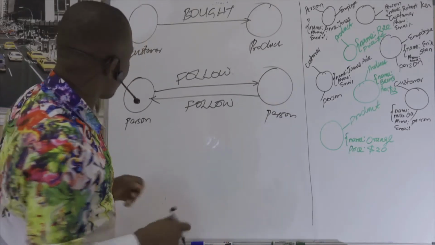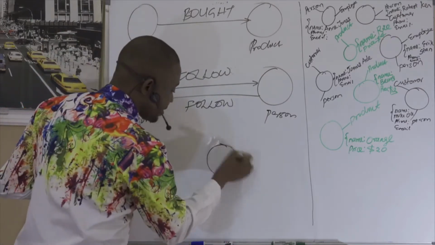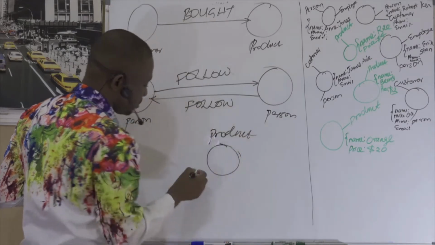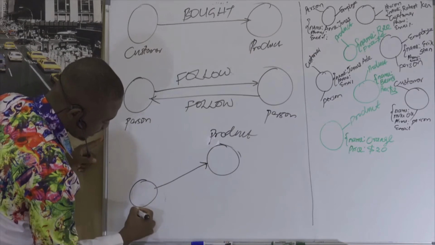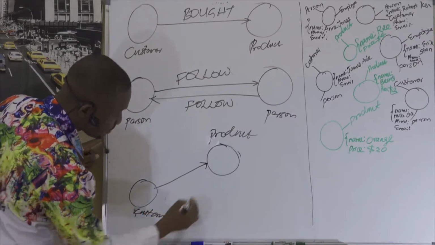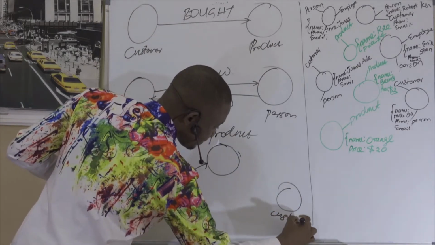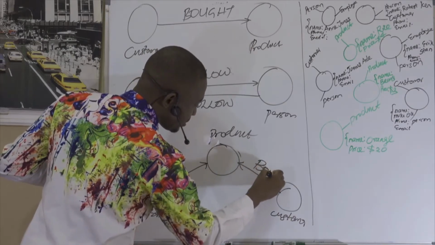What can we also have? We can also have something like this. This is a product, for instance. This is a person, or let's say customer. There's another customer here. This customer bought this product.